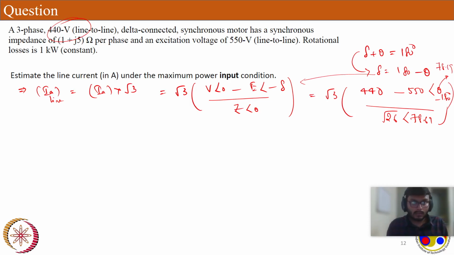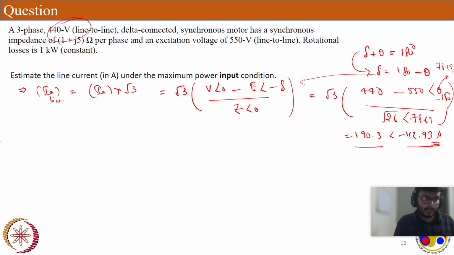Okay, I'm not missing anything. The line current which we are getting here is 190.3 at an angle of minus 152.93 amps. This is the magnitude, this is the angle.